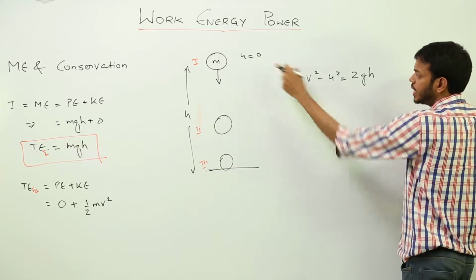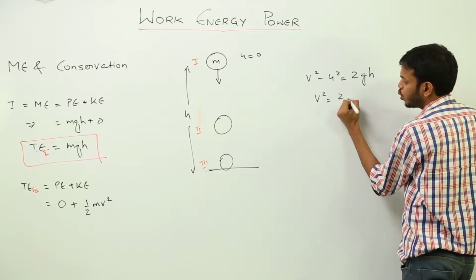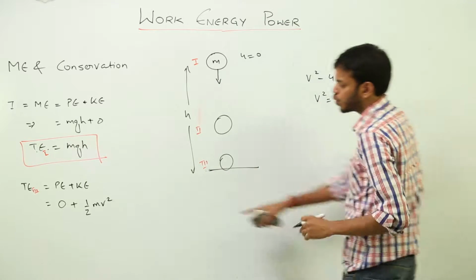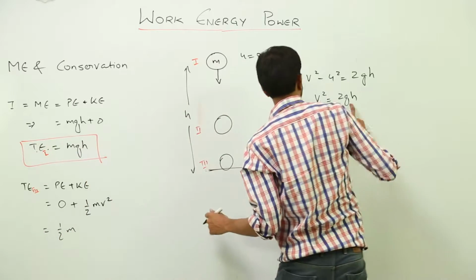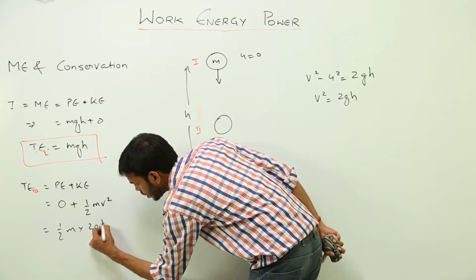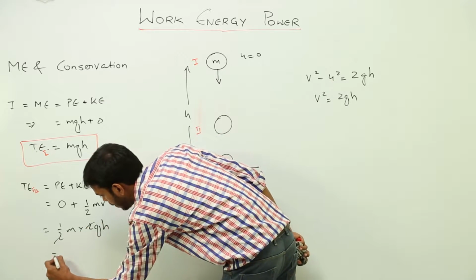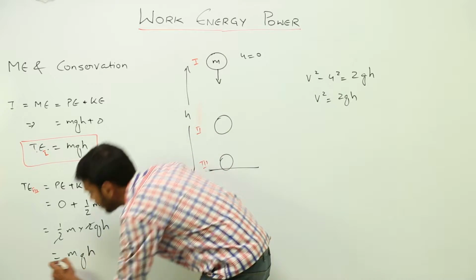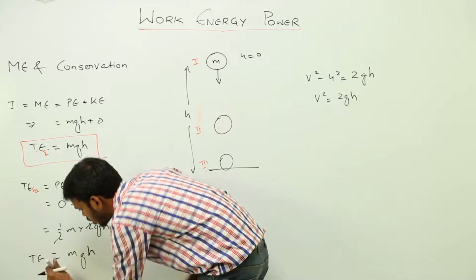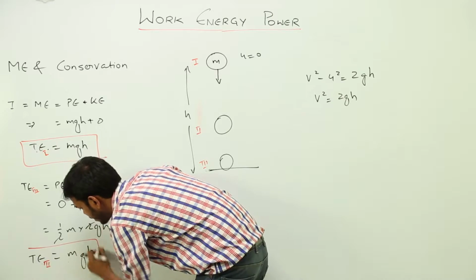U is initially 0, so v square is equal to 2gh. Putting this in, I get half m into 2gh. The 2 cancels out and I am left with mgh again. So the total energy at position 3 also is mgh.